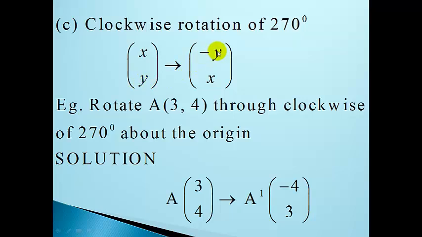That is, y goes up and the x comes down, but the y is negated. So with the point A(3, 4), 4 goes up and 3 comes down, but because the y is negated, that is why we have negated the 4. So we have A(3, 4) mapping to A prime, that is (-4, 3) according to the rule.